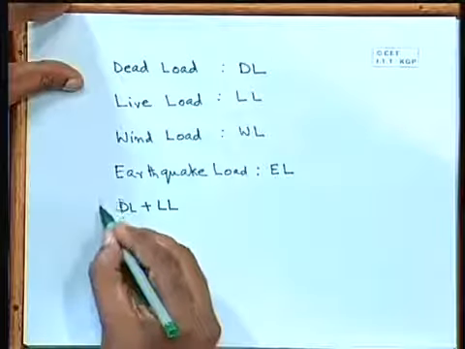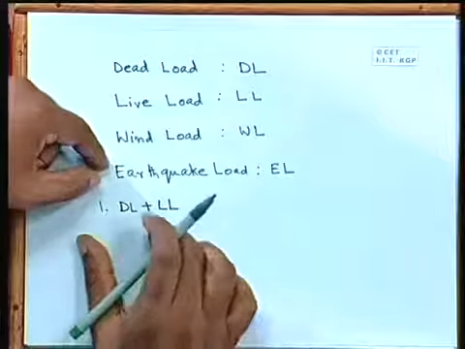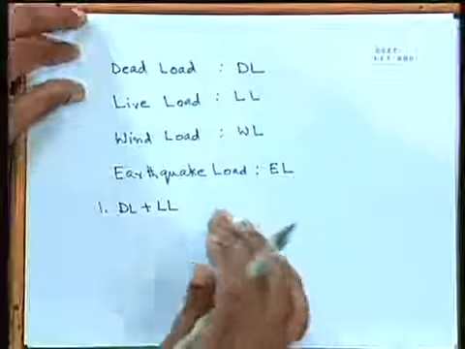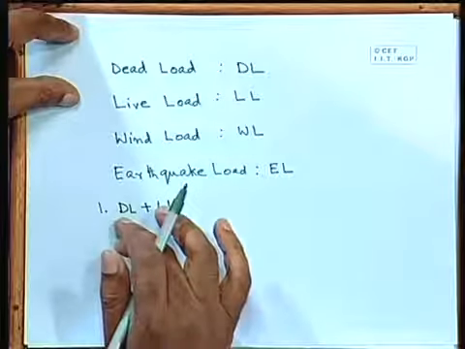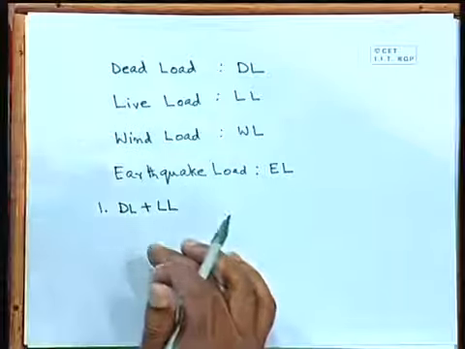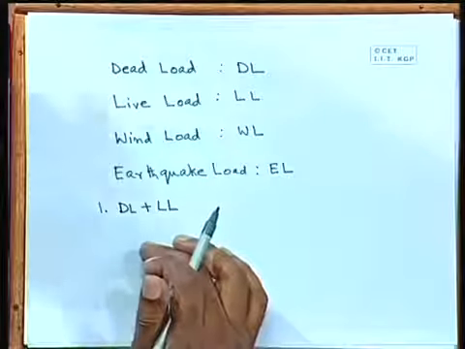So this is the primary combination. Without this we cannot design. Whenever you have to design for this load, you have to include the dead load also. But we do not know where the structure is going to be constructed. We have to know where we are going to construct the structure, and what the wind speed is.